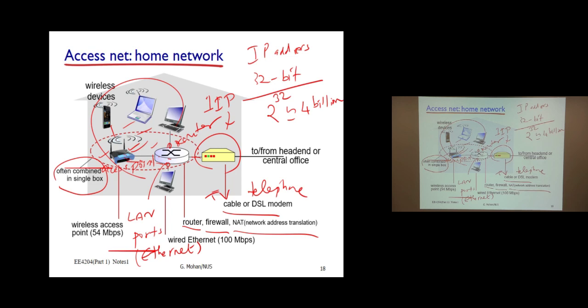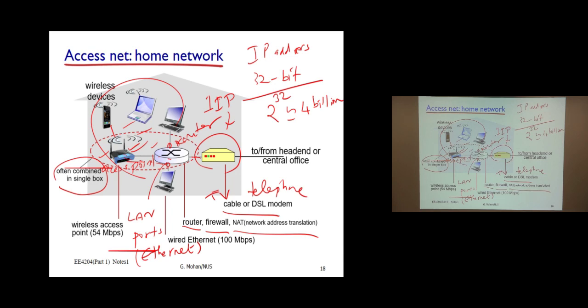Hidden in the sense that when the data goes out of your home, it will carry the IP address of your home, the same IP address. That means for the external world, it all comes from only one device, not from multiple devices inside the home.